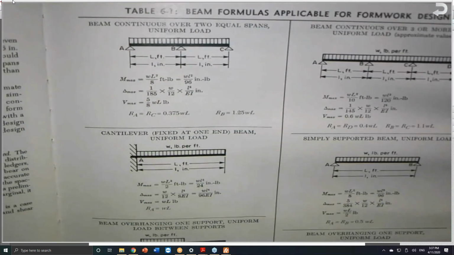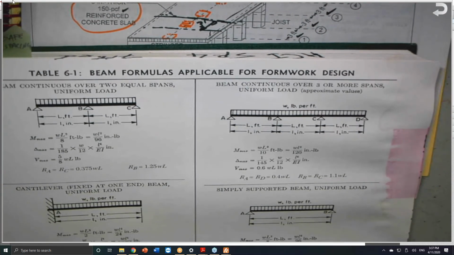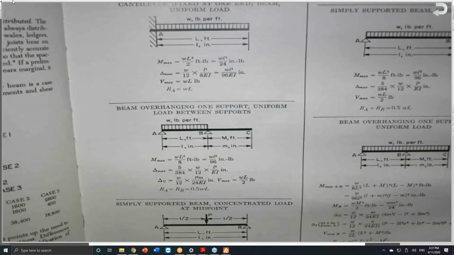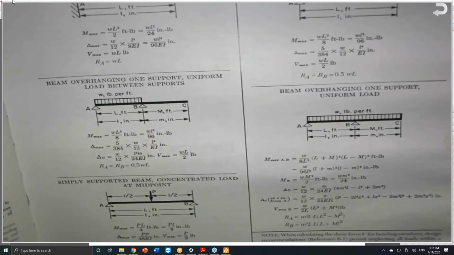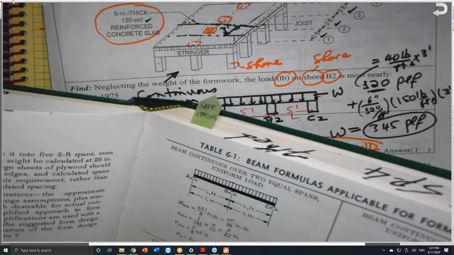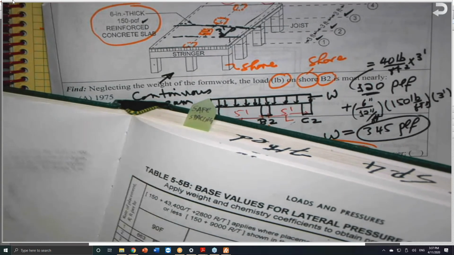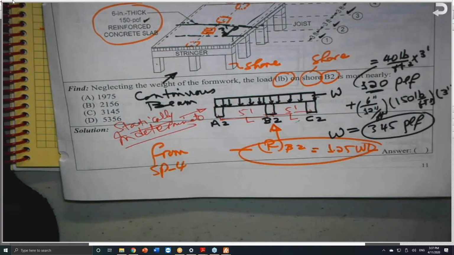Basically, we are using the beam formulas applicable for formwork design, 2-span or cantilever or 1-span or all these things. They are available, and I already provided them to you in my book.